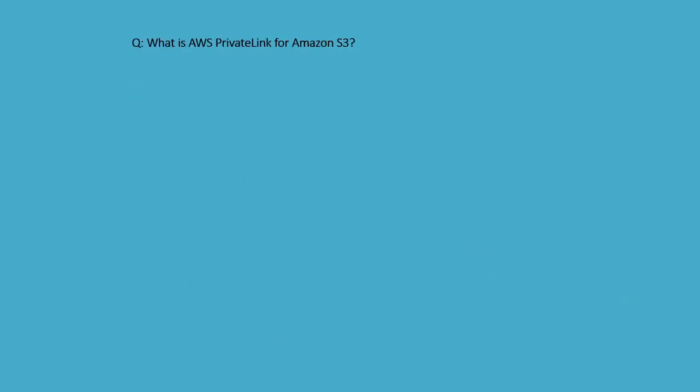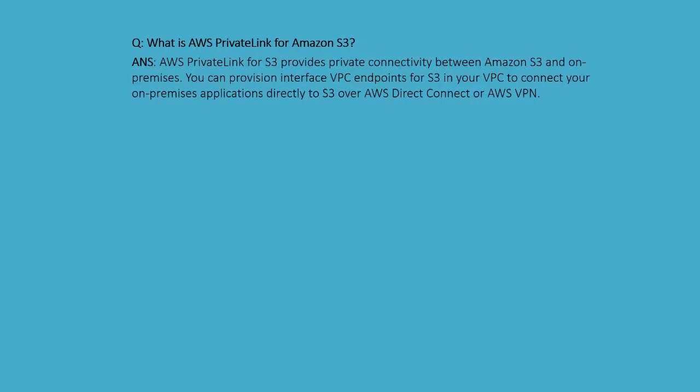What is AWS PrivateLink for Amazon S3? AWS PrivateLink for S3 provides private connectivity between Amazon S3 and on premises. You can provision interface VPC endpoints for S3 in your VPC to connect your on-premises applications directly to S3 over AWS Direct Connect or AWS VPN.